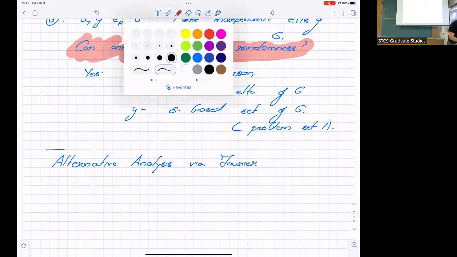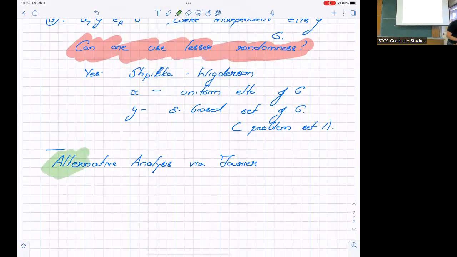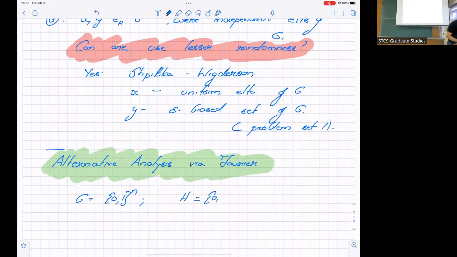And this is for the specific case when G is {0,1} to the n and H is {0,1}.